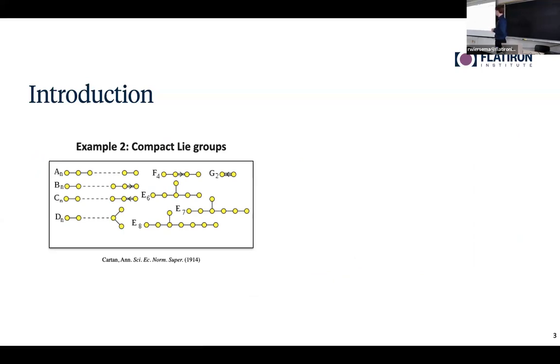Cartan was able to prove, also exhaustively, that these classical groups, which are enumerated with A, B, C, and D, which I think most of you will know as SO(N), SU(N), or Sp(N), are the only ones that can exist. He was able to prove that for any dimension, this is what these Lie groups can be. This is a very powerful statement because it's basically a classification of continuous symmetry. He was able to show that these are the only continuous symmetries that can exist in some dimension.